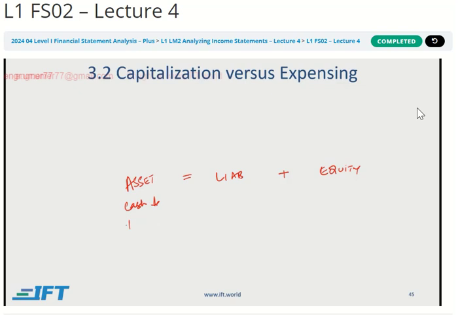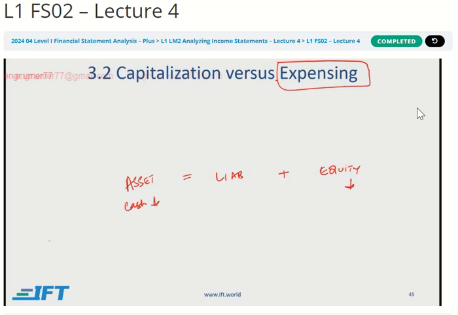However, if I was paying cash for, let's say, rent, then my cash would go down and my equity would go down. So expense is something that will reduce my equity. Now let's say I'm paying cash, but I'm not paying to buy inventory.